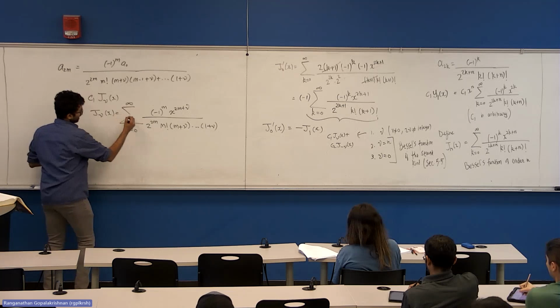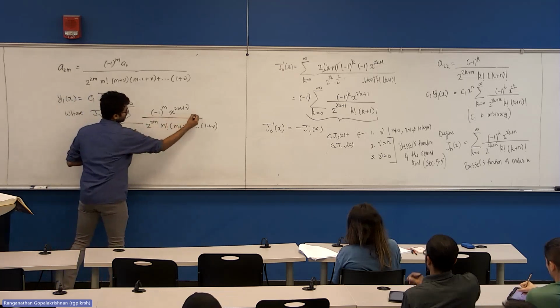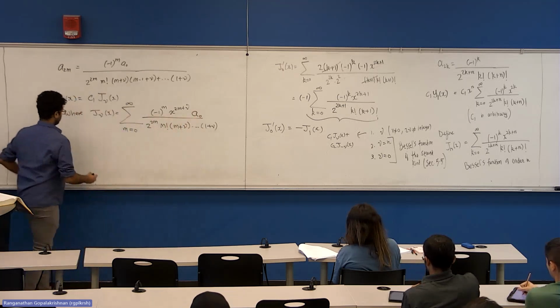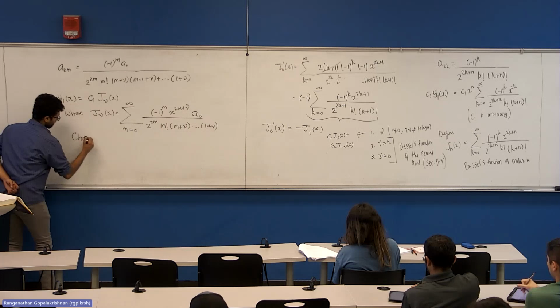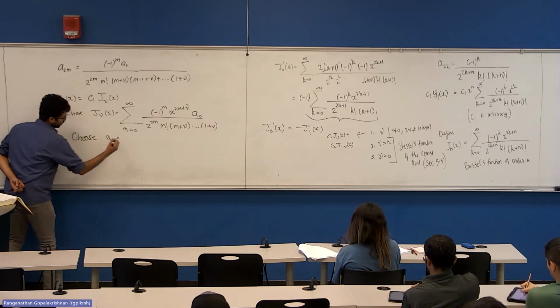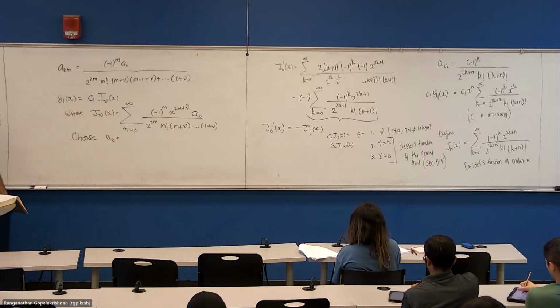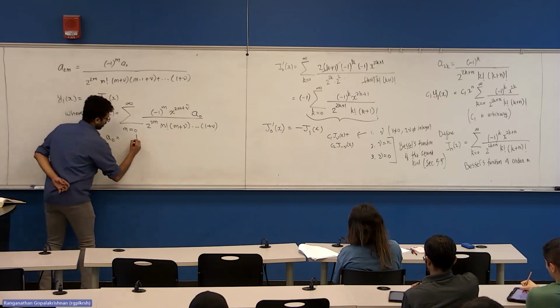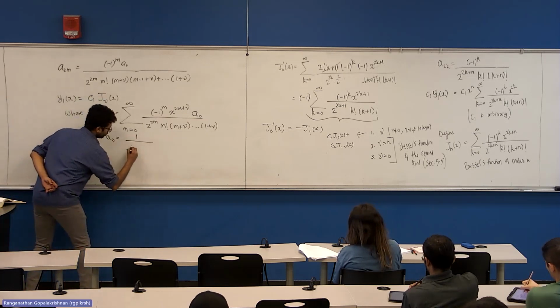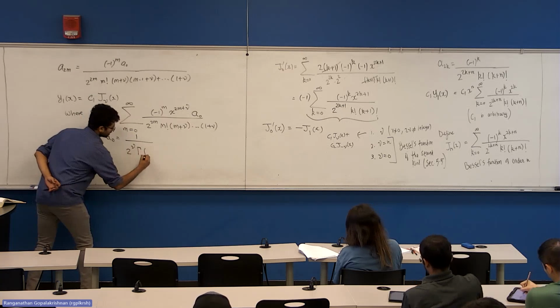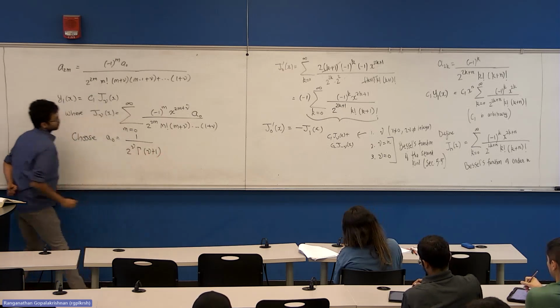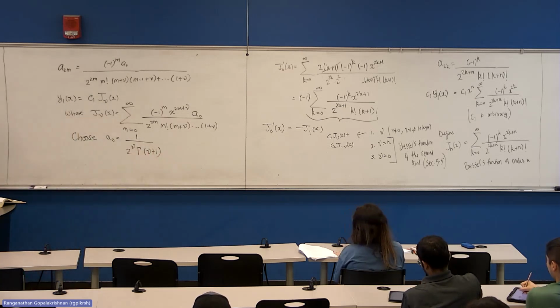This can still include an a naught, and by choosing a naught equal to 1 over 2 power nu times the gamma function of nu plus 1, a very peculiar choice, we get a lot of terms.